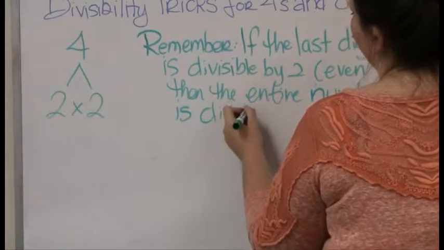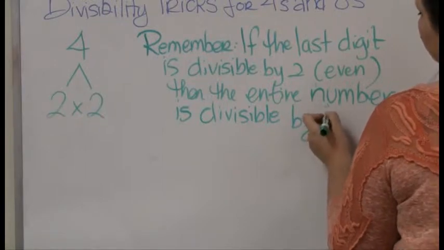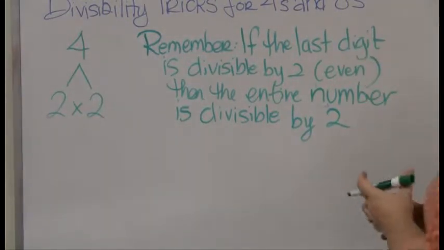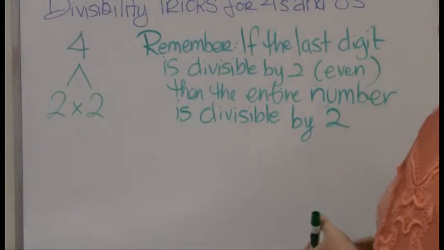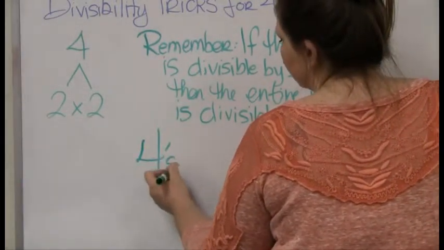Okay, so that leads us right into the 4's trick. A 4 is made of 2 2's, and so instead of just testing the last number, we're going to need to test the last 2 digits. So the 4's rule is this.